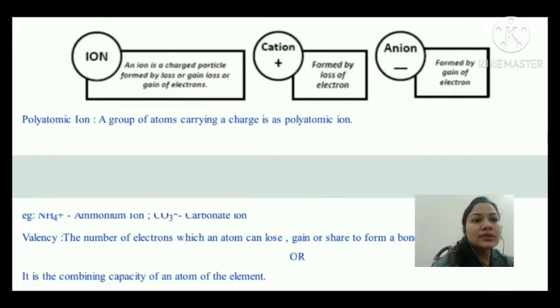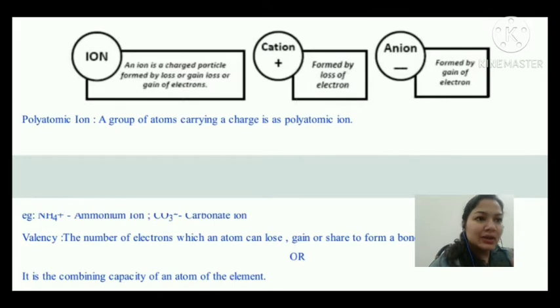Students, now we are going to discuss ions. What are ions? An ion is a charged particle formed by the loss or gain of electrons. You must be knowing electrovalency. We have already discussed that in electrovalency, atoms just lose or gain electrons to make the last shell stable, that is 8 electrons. They want 8 electrons to make themselves stable, except the first shell, the K shell, which needs only 2 electrons.